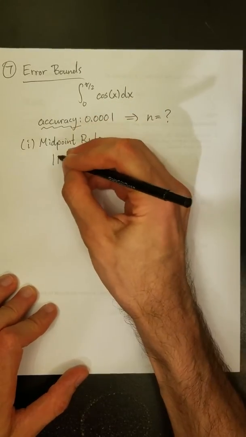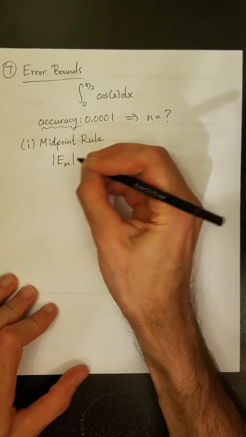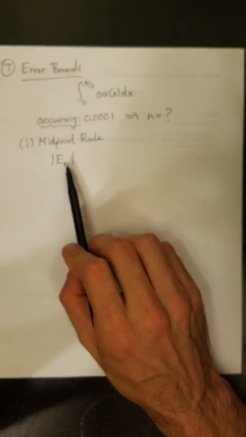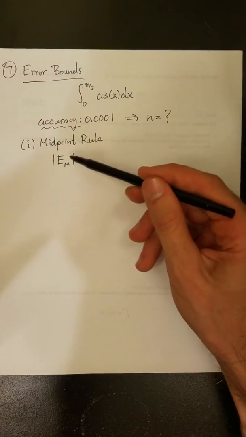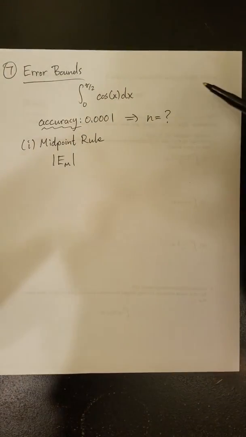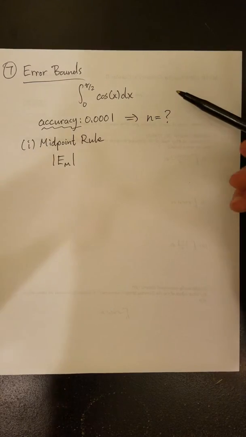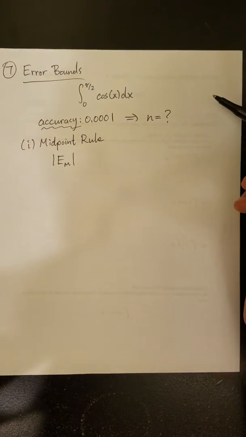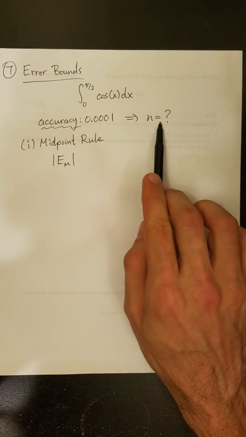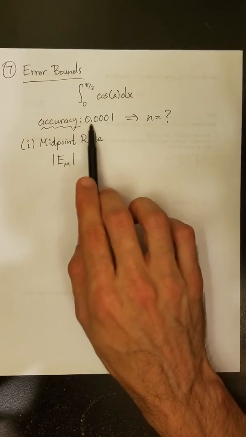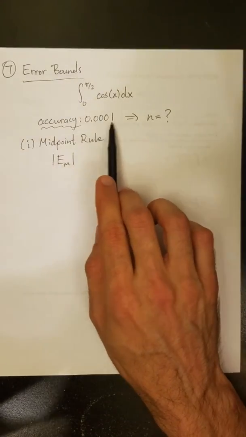First of all, the error for the midpoint rule is just the exact value of the integral, which we did compute, minus the approximate value that we're getting for whatever number of intervals we're using. So here we want to determine how many subintervals we need to guarantee this particular degree of accuracy.